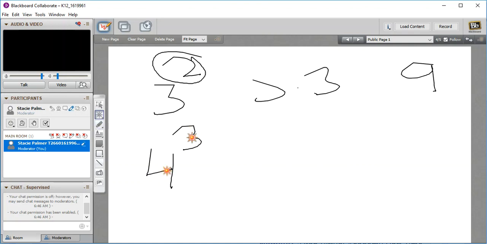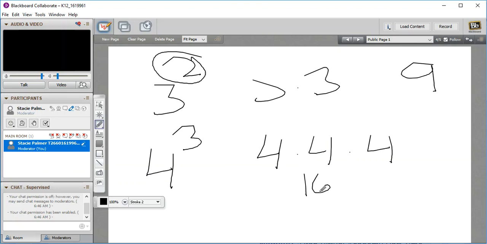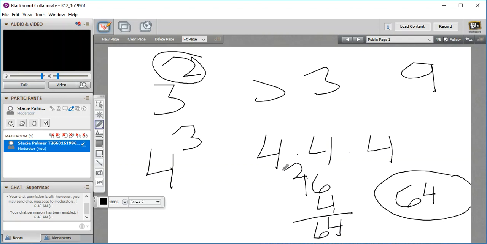This is 4 to the 3rd power, which is 4 times 4 times 4, and you may need to use your calculator for this. 4 times 4 is 16, and then 16 times 4 would be 64. So 4 to the 3rd power is 4 times itself 1, 2, 3 times. So that would be 64.